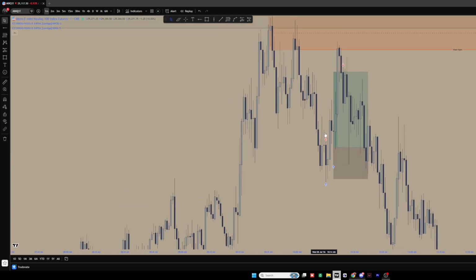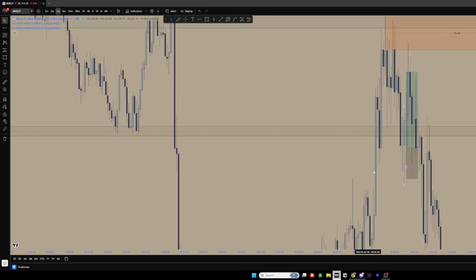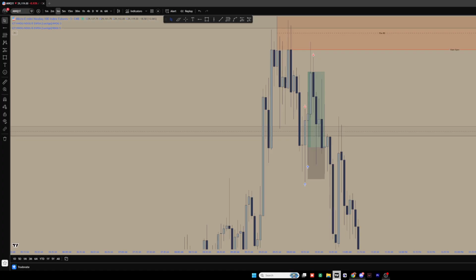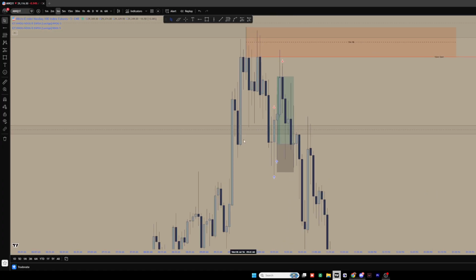All right. So you can see here's the first trade on this 3 minute. Also, did this close? No, it closed bullish. So yeah, here's the first trade, and then here's the second trade. So yeah, close a bit early.